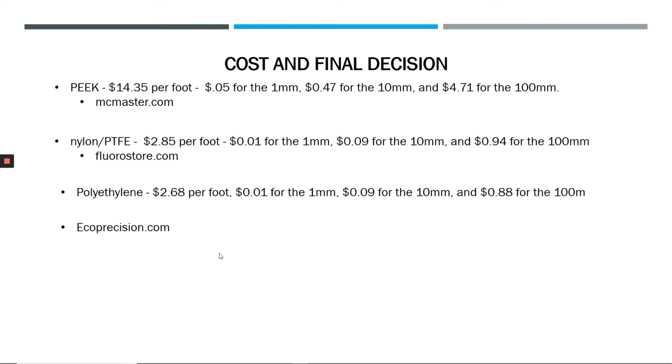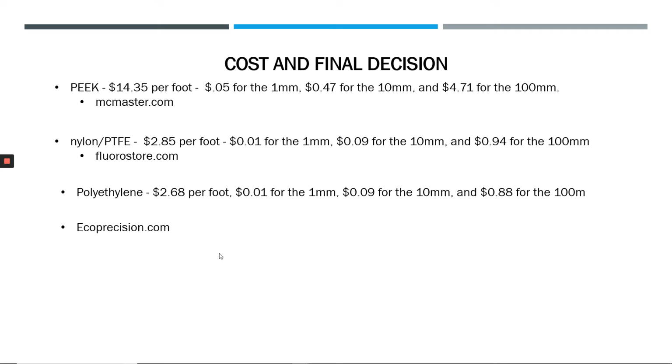I was also able to find a website called Eco Precision where they design biocompatible tubes of whatever size you need. They have a bunch of different sizes you can choose from, and essentially you just tell them your initial internal diameter and then your wall thicknesses, and they'll make whatever material and whatever tube you need.